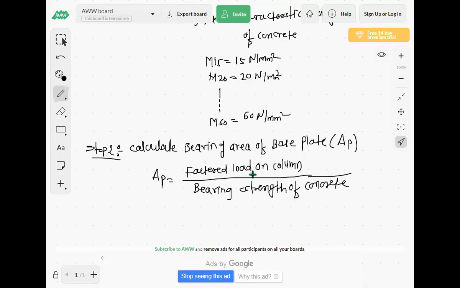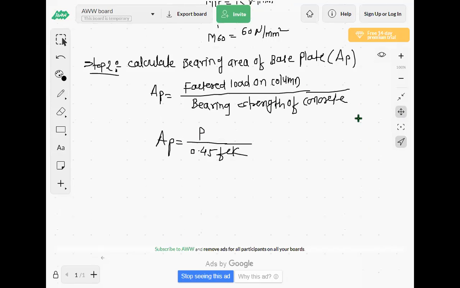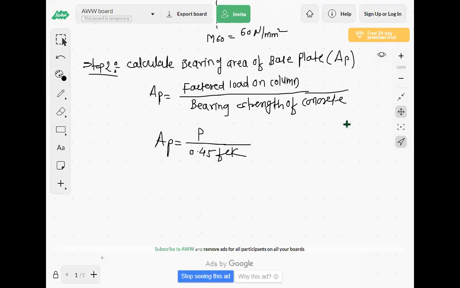If the load is not factored, we have to factor it by 1.5. It means if the factored load is P, then AP is P divided by 0.45 FCK. In this way we can calculate the area of the base plate. So this is step number 2.